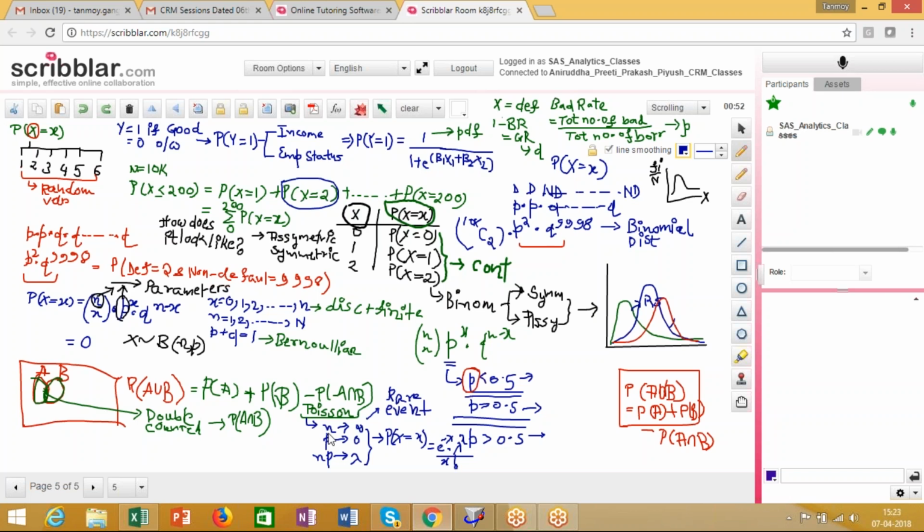If I want to identify the probability of getting some x number of successes out of n trials, that is where the binomial distribution comes into play. So whenever we are developing a model and my business problem is dichotomous in nature, I will model it using a binomial distribution, right?